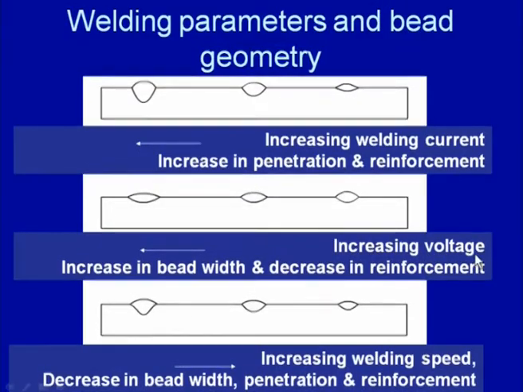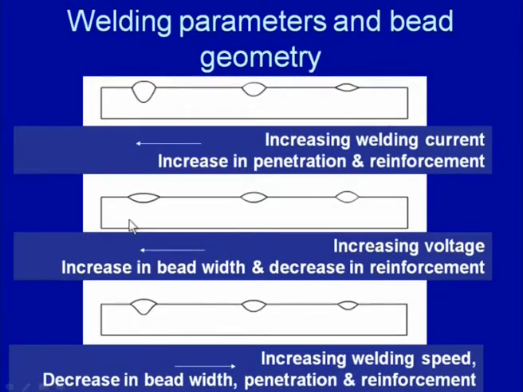If we see the increase in the voltage, increasing the voltage from this weld to this side. So, the lower arc voltage causes the narrower weld bead, and the reinforcement is high, but if we use the higher arc voltage, then the weld bead width increases, but the reinforcement decreases.